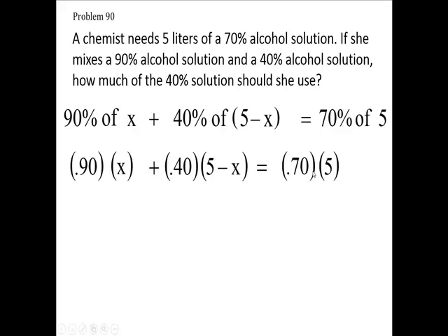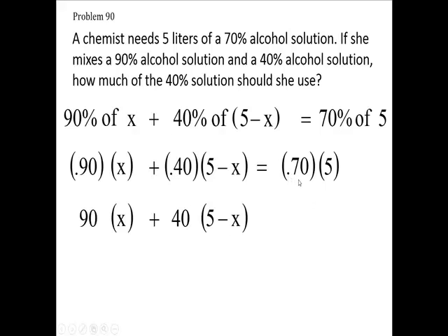Now, so that I don't have to think about that decimal, I'm going to move the decimal over 2 places. To do that, I multiply by 100. 100 times 0.90 is 90. So you're going to move the decimal over 2 places here, and 2 places on this one. Of course, the 5 minus X won't change, but the 0.40, moving it over 2 places, makes a 40.